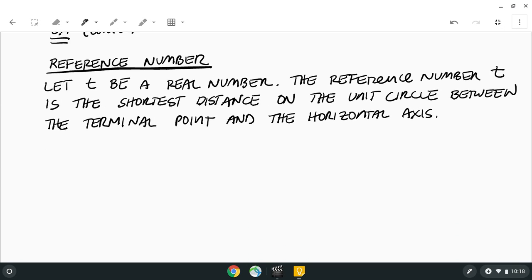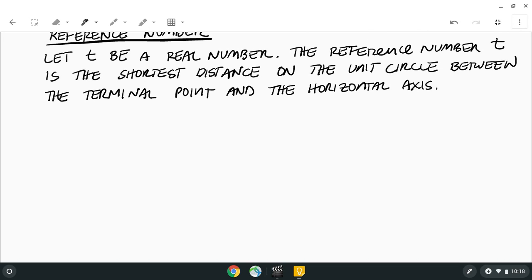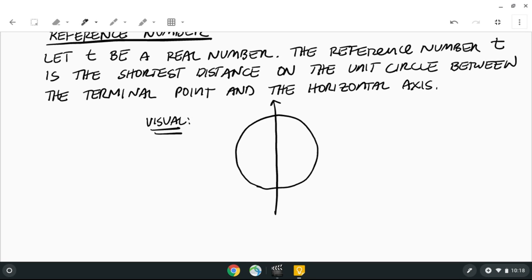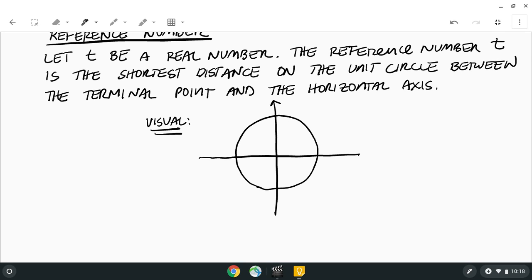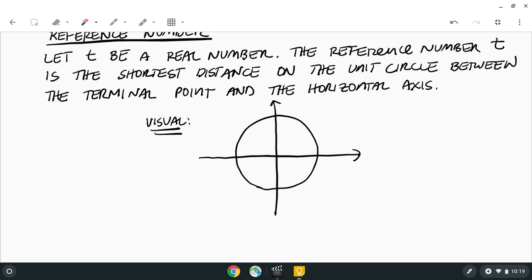All right, so here's a visual. If you have your unit circle, and let's suppose that you travel around your unit circle in the positive direction.